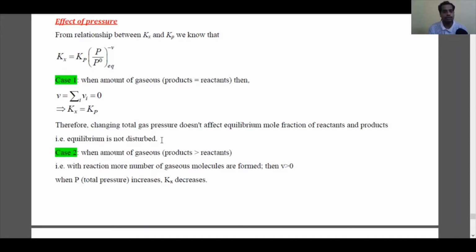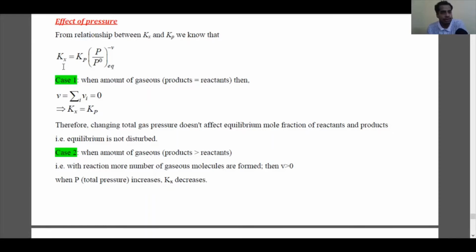Second case, under the effect of pressure: when the number of moles of gaseous products is more than the number of moles of gaseous reactants, v will be positive, because gaseous product is more and reactant is less. The definition of v is the sum of moles of gaseous products minus the sum of moles of gaseous reactants. So under case 2, v will be positive. If v is positive, what happens to Kx?